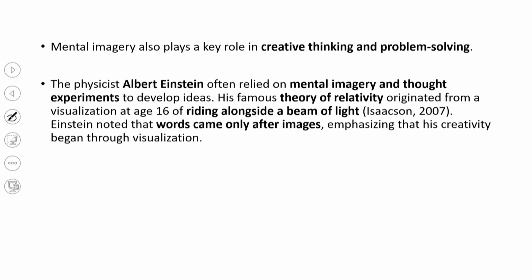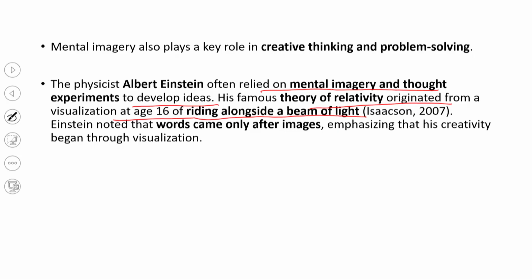Again, the famous case of Albert Einstein, who often relied on mental imagery and thought experiments to develop his ideas. A lot of the ideas that he developed in physics, he used mental imagery and thought experiments to develop. His famous theory of relativity originated from a visualization at age 16 of riding alongside a beam of light.